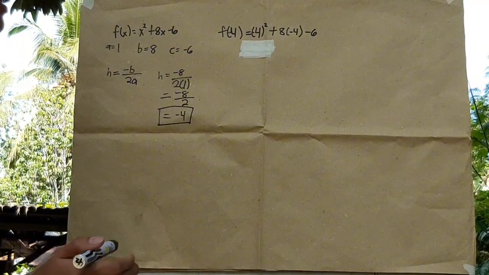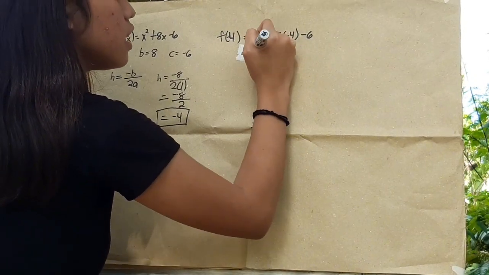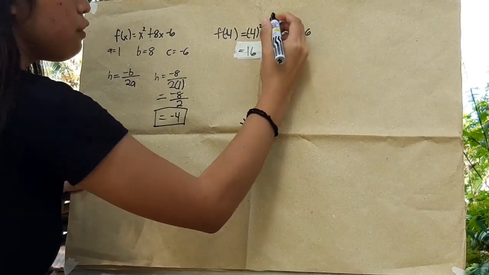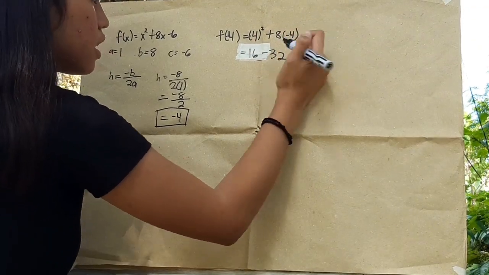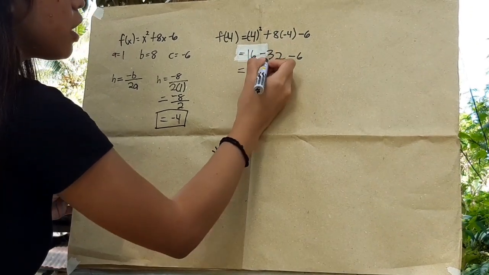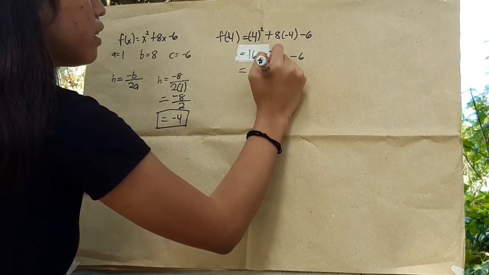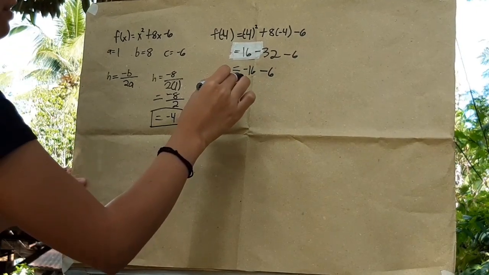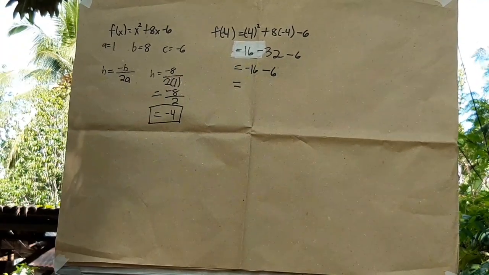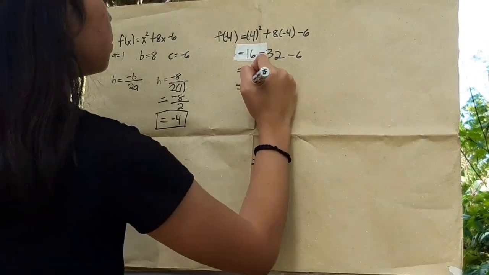Negative 4 squared is positive 16, and 8 times negative 4 is negative 32. Copy the 6. 16 minus 32 is negative 16, and negative 16 minus 6 is negative 22.